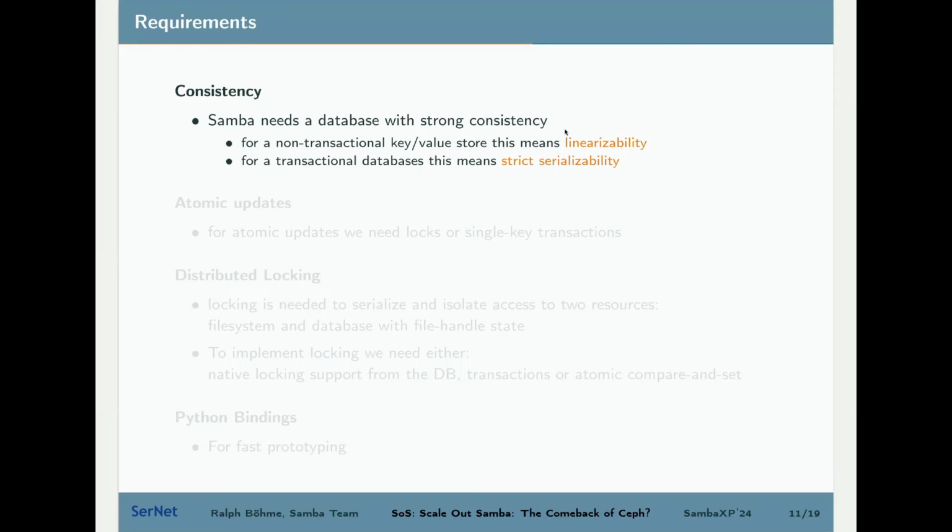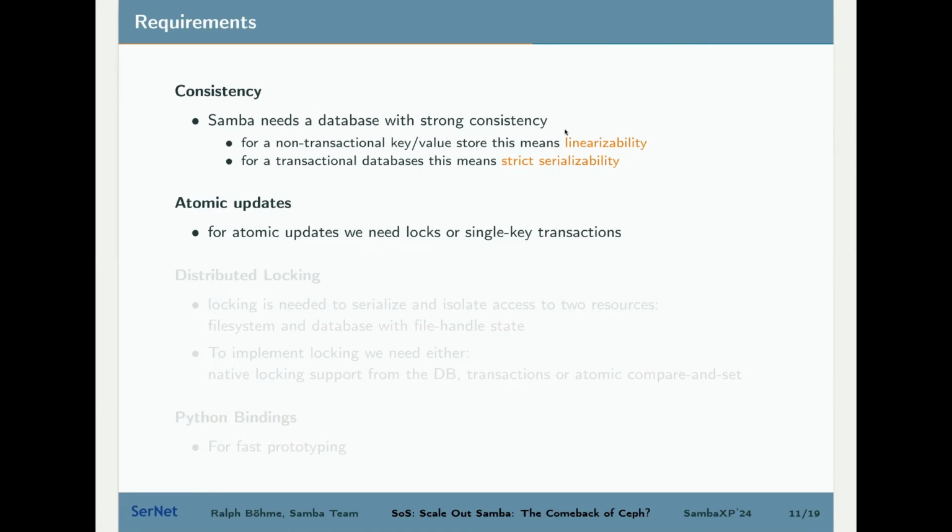And so just quickly, also bringing up the requirements that we have for a database that we want to use in Samba. For consistency, we need a database with strong consistency: either a non-transactional key value store, that means linearizability, or for transactional databases, strict serializability.